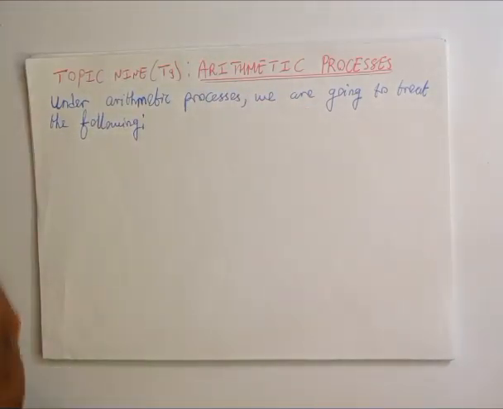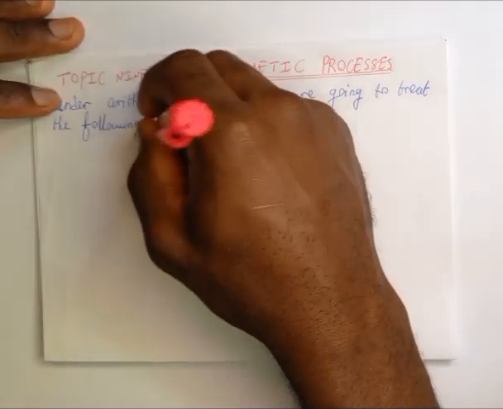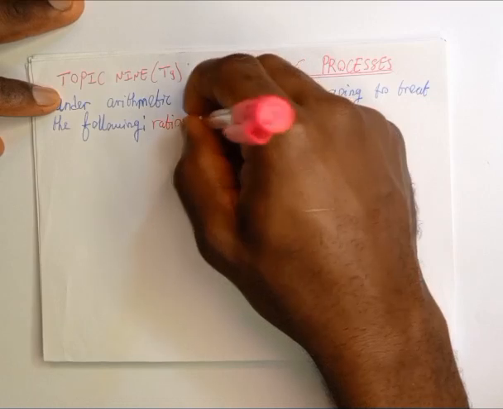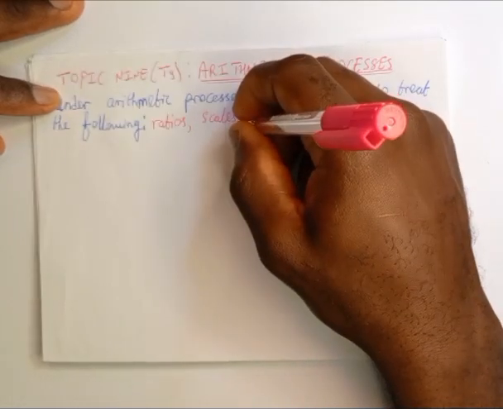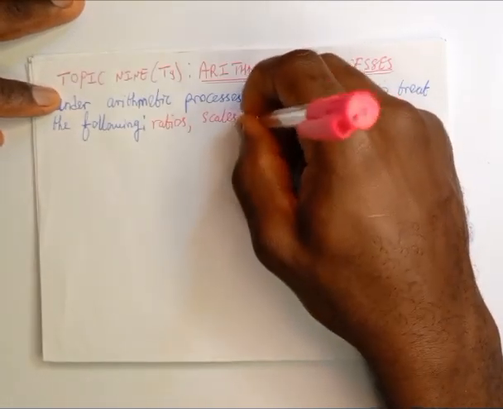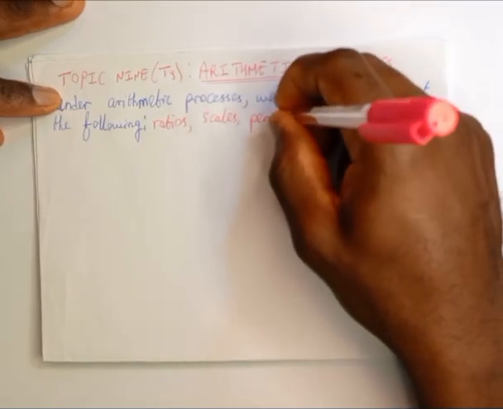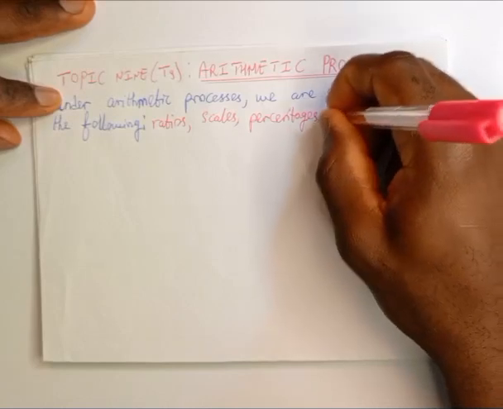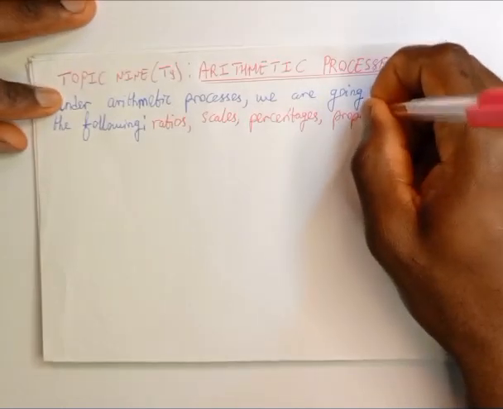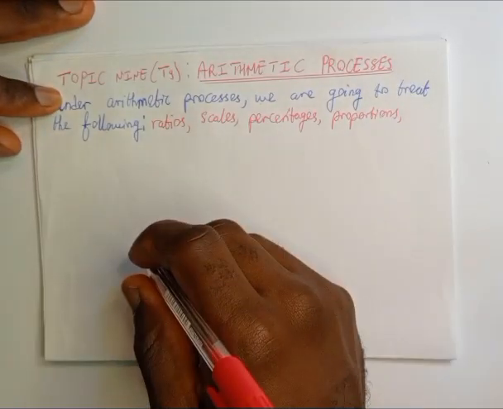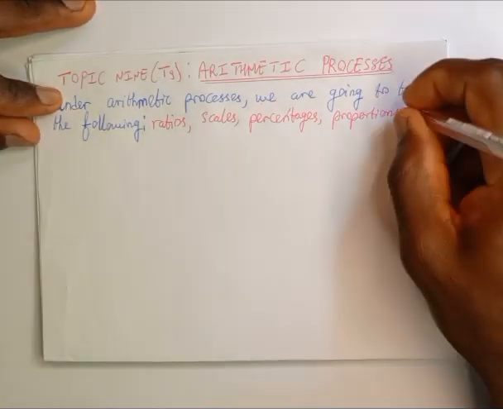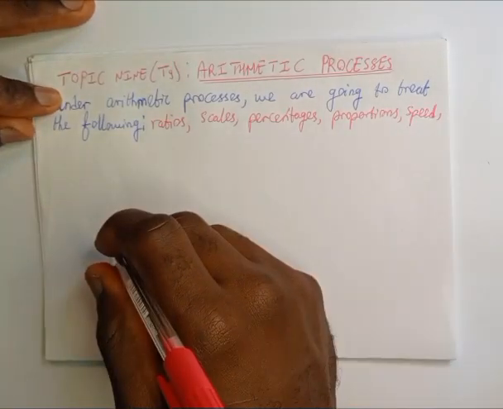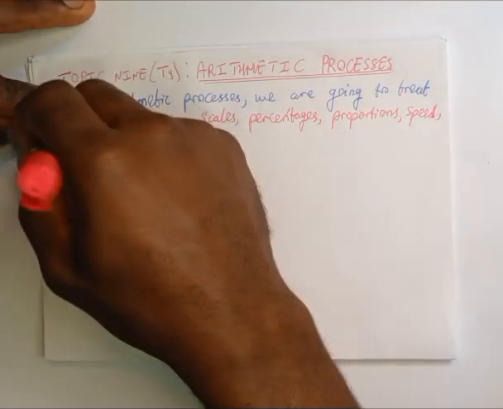The first one, we are going to treat the ratios. Next one, we are going to treat the scales. After scales, we are going to treat the percentages. After percentages, we are going to treat the proportions. After proportions, we are going to treat the speed. After speed, we are going to treat rates.